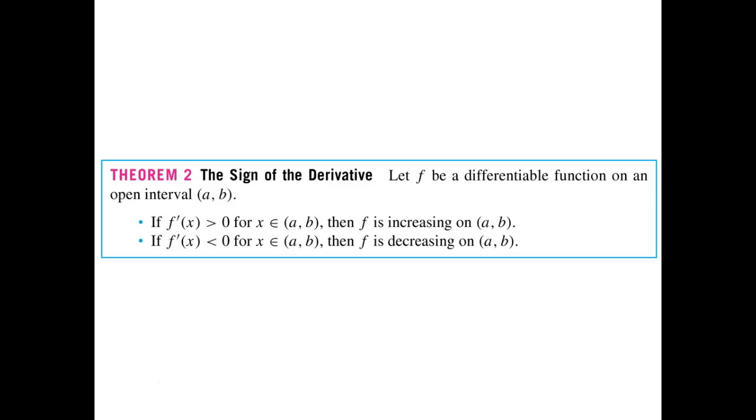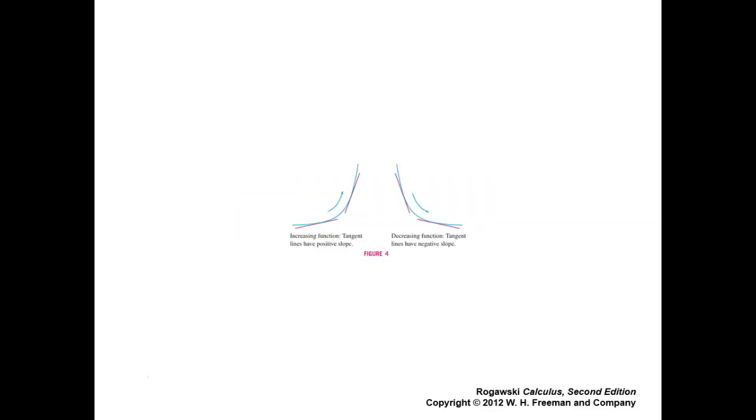If f prime of x is always negative, even though it's not always the same value, but it's always less than 0, for x from a to b, then f is strictly decreasing on a to b, meaning it's monotonically decreasing on a to b. And there's a little proof, and it's not a bad one to do.